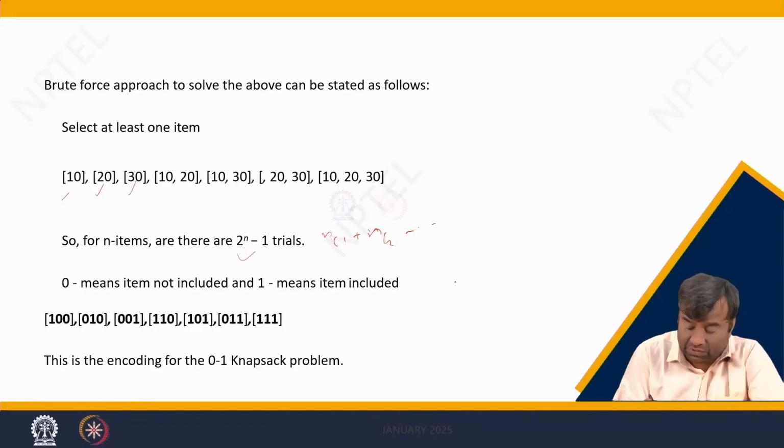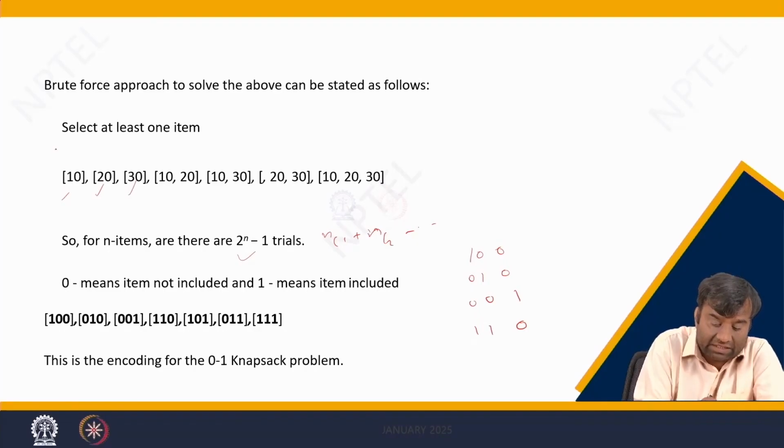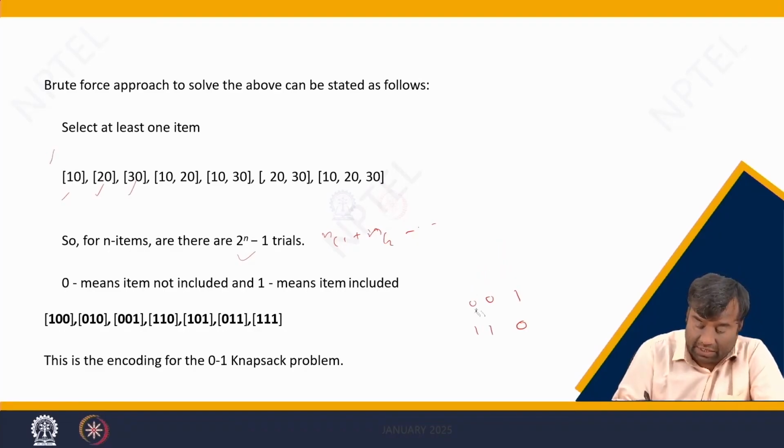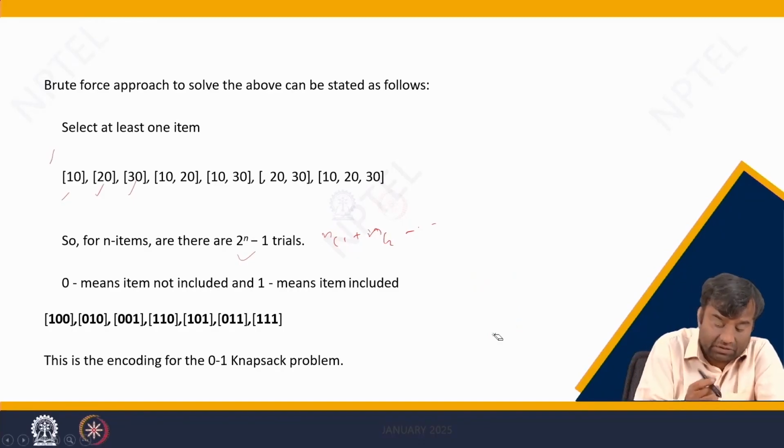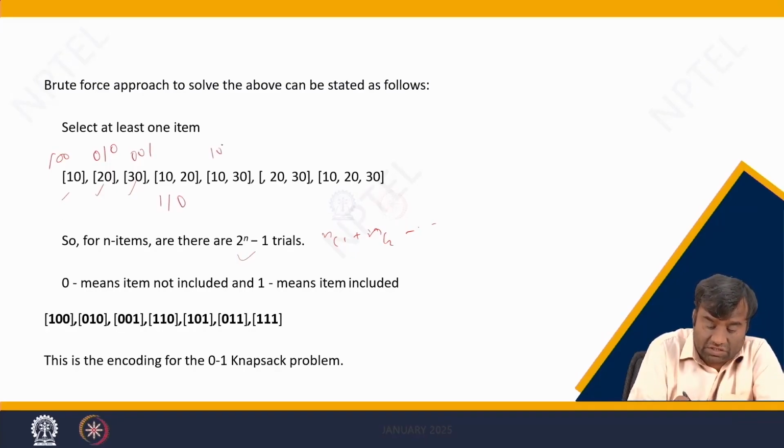So here the first item is selected, so you can write it 1 0 0. Second is selected, write it 0 1 0. Third is selected, write it 0 0 1. First and second selected, so that is 1 1 0. First and last selected is 1 0 1, then it is 0 1 1.